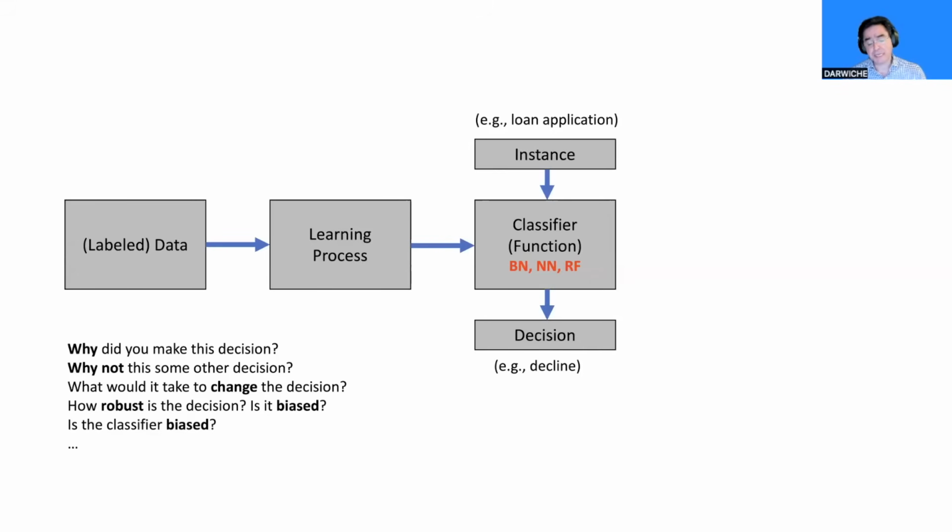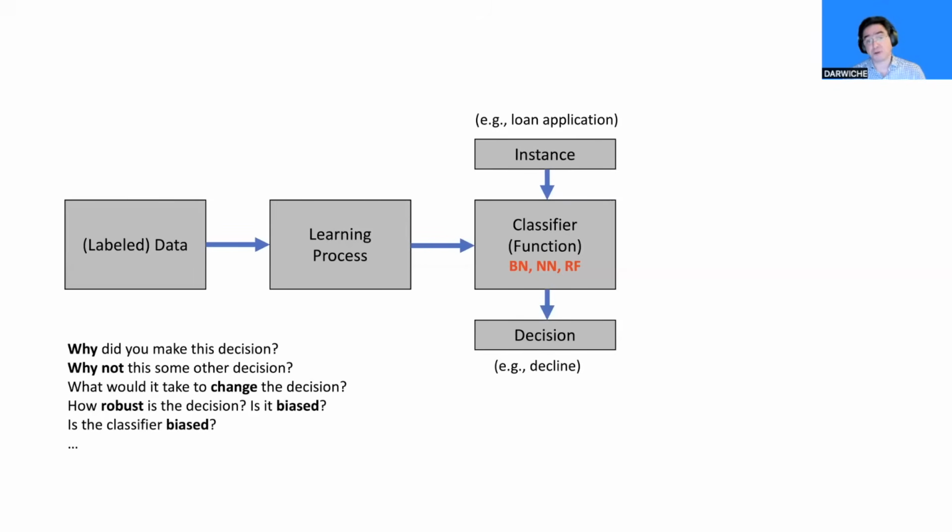So the main insight that this theory is based on is that even though these boxes are numeric in nature and learned from data, the decisions they make are finite. So it's a discrete set. And the input to these classifiers is often also discrete. And in some cases, when it's continuous, it can be easily discretized.